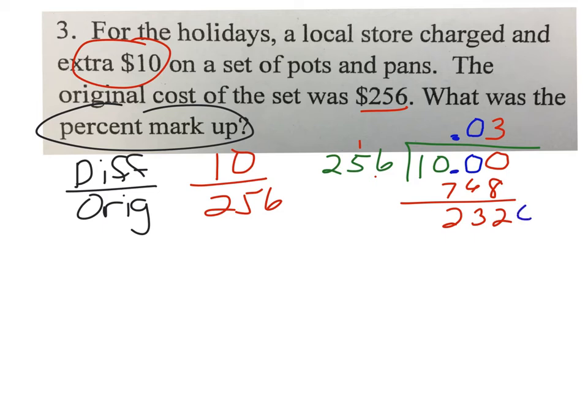Add a 0. And I don't know how many times that's going to go in there. It is pretty high because I know 256 times 10 is adding a 0. But I'm going to try 8. So let's try 8. 256 times 8, 48. That's 40 plus 4, so that's 44.